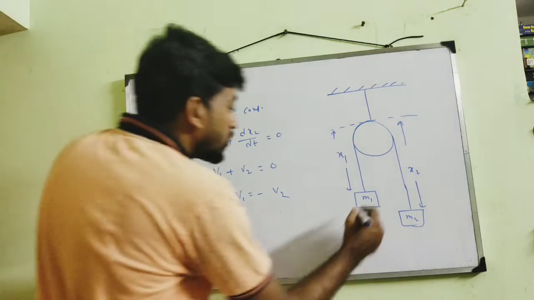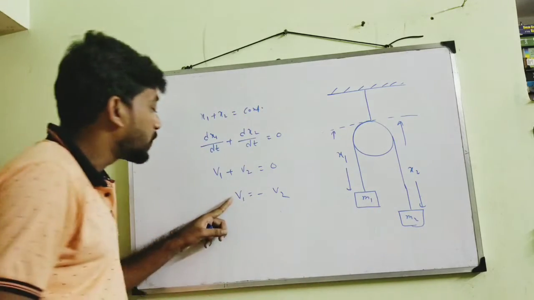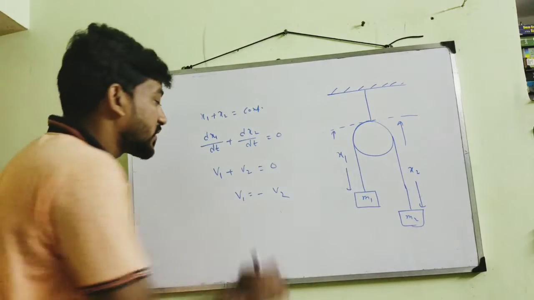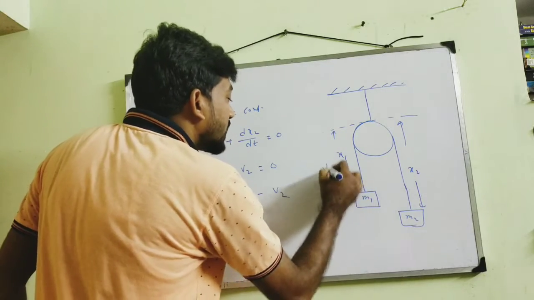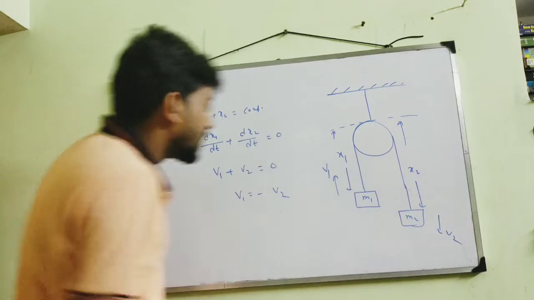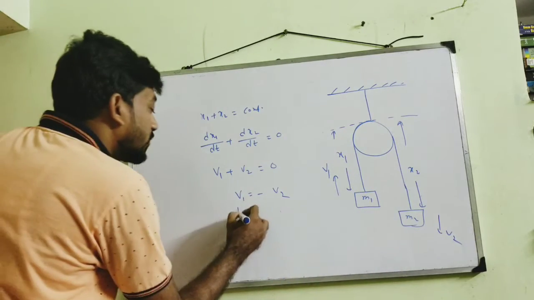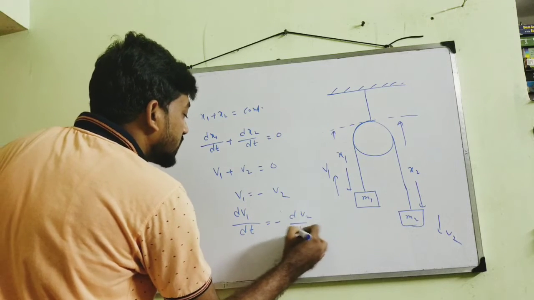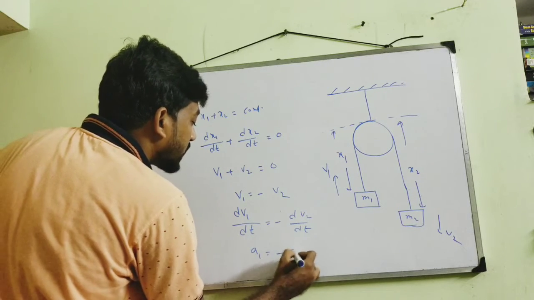So if we take the upward direction as the positive direction, v1 will be in this direction and v2 will be in this direction. Now if we take the derivative again, then it will be the acceleration, that is dv1/dt equals minus dv2/dt, that will be nothing but a1 equals minus a2.